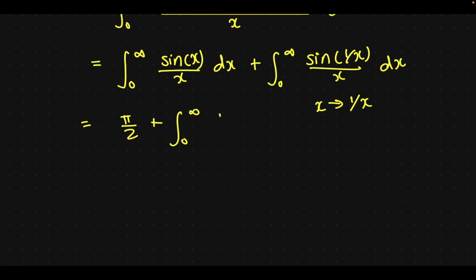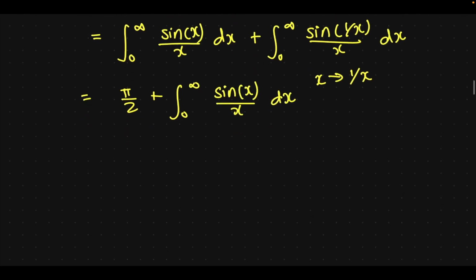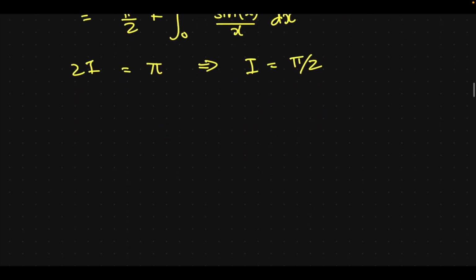So you get the integral from 0 to infinity of sine of x over x dx. So that's two Dirichlet integrals. So we have pi over 2 plus pi over 2, which is pi. And that was 2I, if you remember correctly. So that means my I is just pi over 2. And that's the answer for number 13.